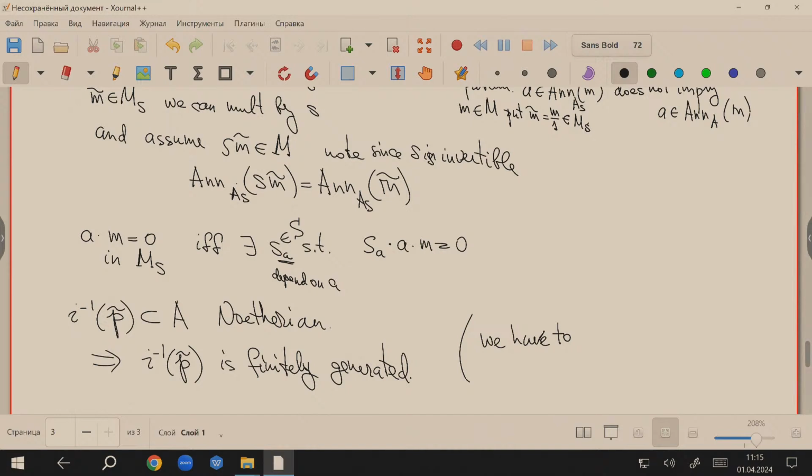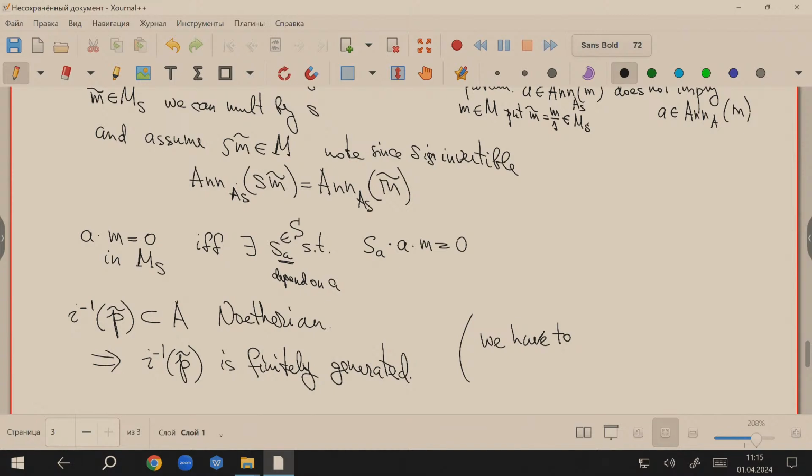So what is the problem? When you consider even this M tilde, now we have changed M tilde, so that it is in our module. The problem is that even if you take the element inside P, it now doesn't annihilate the module.